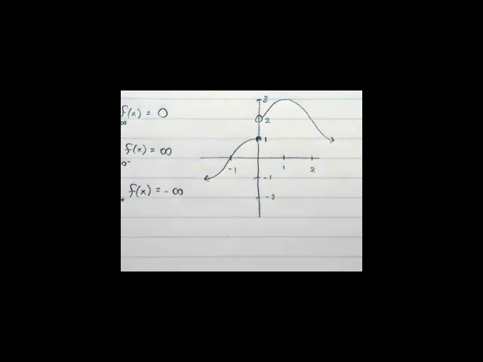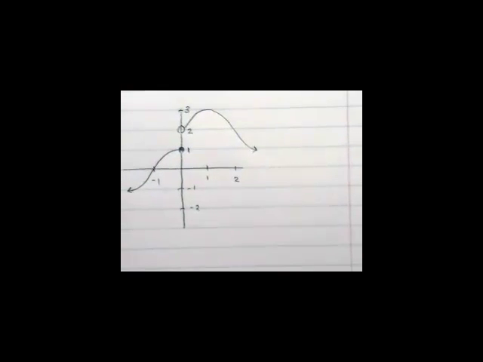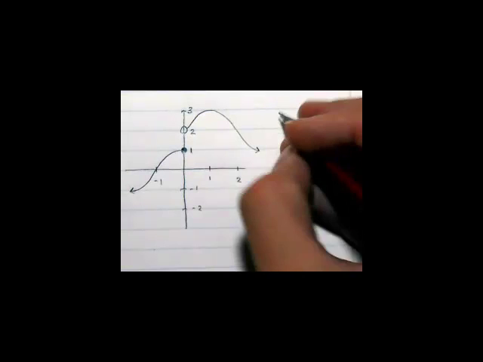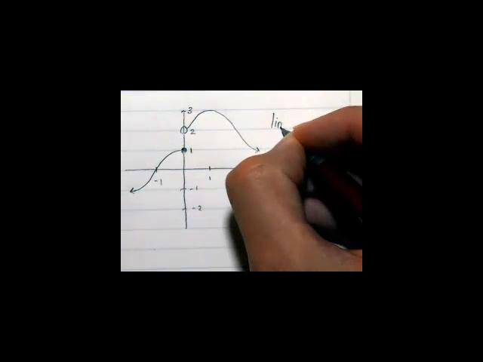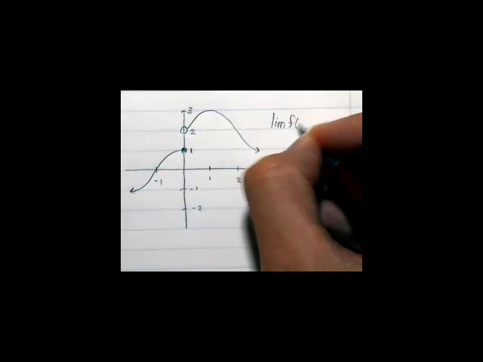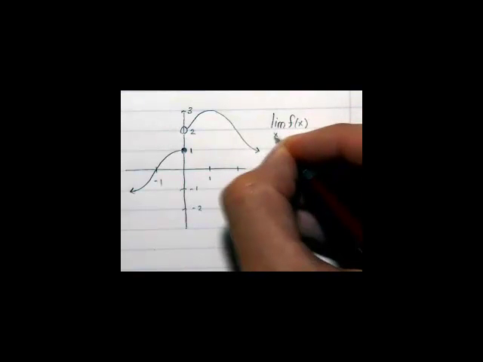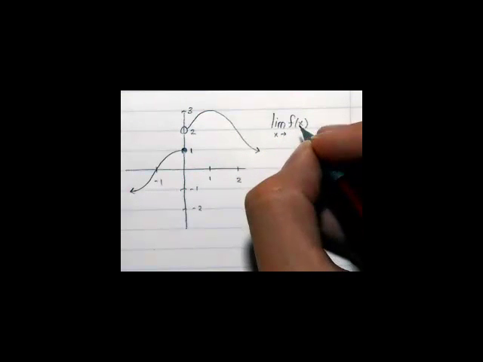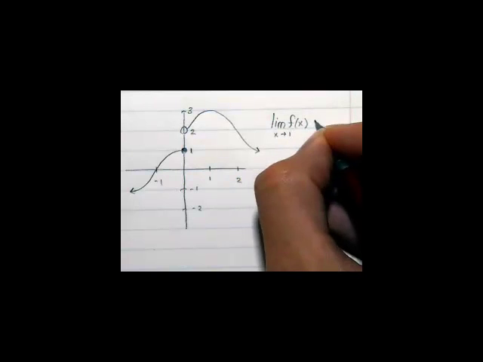And I'm going to do the same thing. I'm going to ask you some limit questions next to that one and see if you guys can answer them for me. So what is the limit of f of x as x approaches 1?